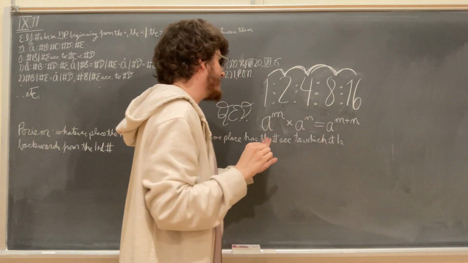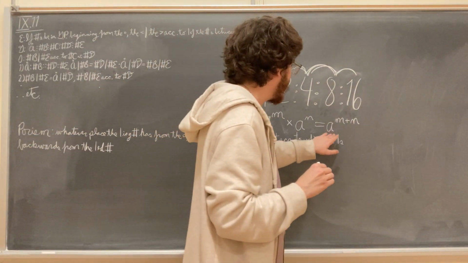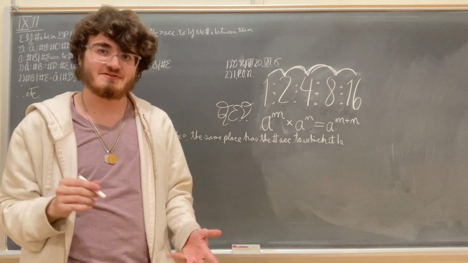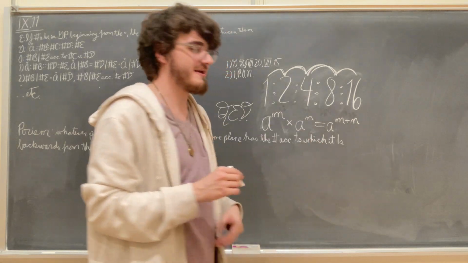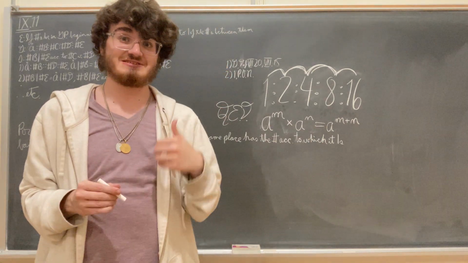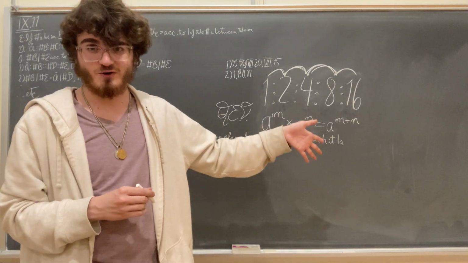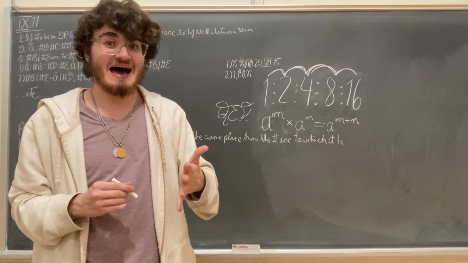So a to the m multiplied by a to the n gets us a to the power of m plus n. So as a specific example, say we had 2 to the 2 multiplied by 2 to the 3. That is equal to 2 to the 5, because 5 is 2 plus 3. And that checks out. 2 to the 2 is 4, 2 to the 3 is 8, their product is 32, and 2 to the 5 is 32.